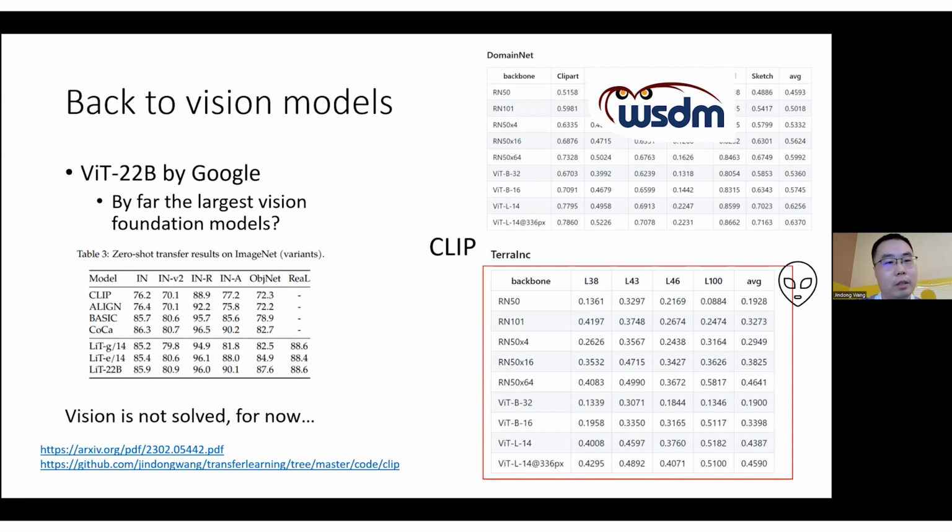So maybe by far it's the largest vision foundation model, because it contains 22 billion parameters, which is very huge. This is its zero-shot transfer results on ImageNet and its variants. You can see that this is ImageNet, and these are all ImageNet-related variants of this dataset. They are very huge, and you can see that the results of this 22B version of ViT are very, very strong, and it even outperforms the fine-tuned versions of the small models.